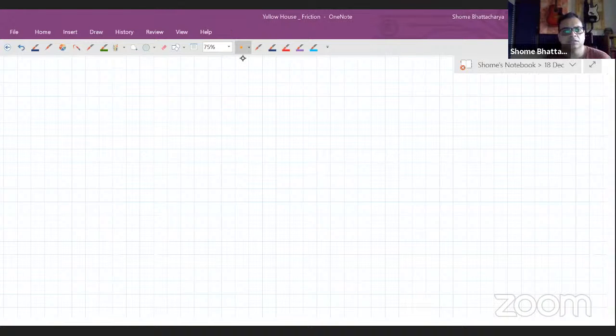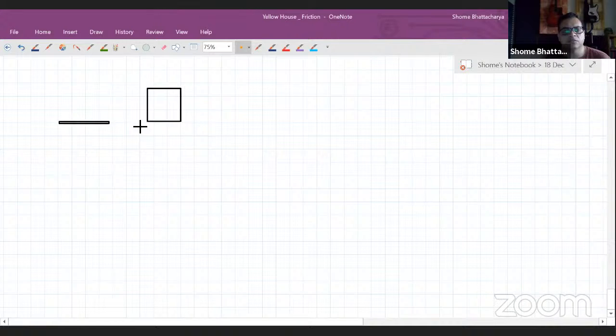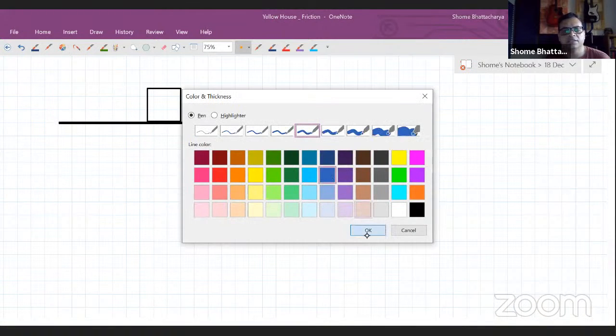So what is happening is, see, we are keeping the block on the surface such that when we are applying some external force, it's only going to be horizontal. So that external force is not going to interfere with the normal reaction. How much will my normal reaction be?